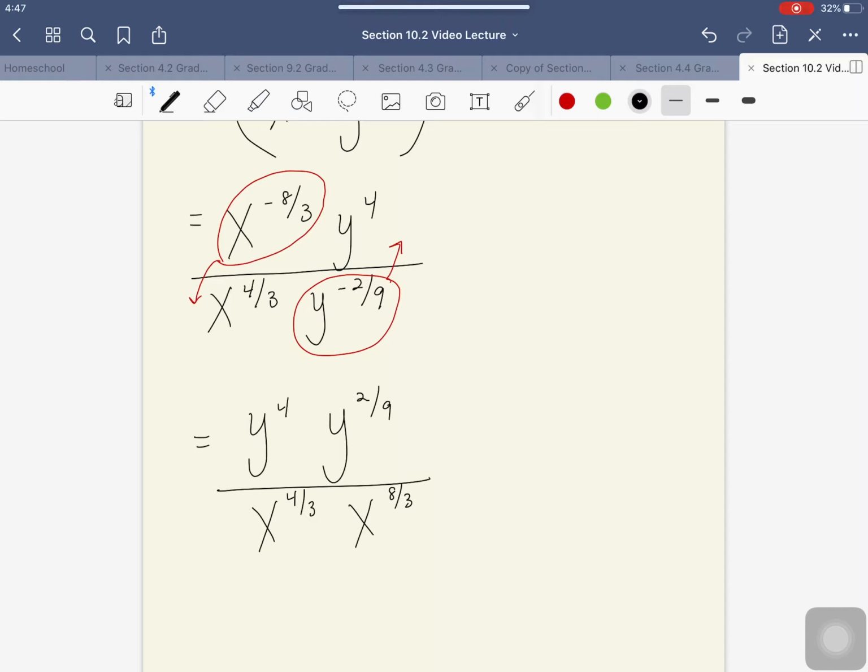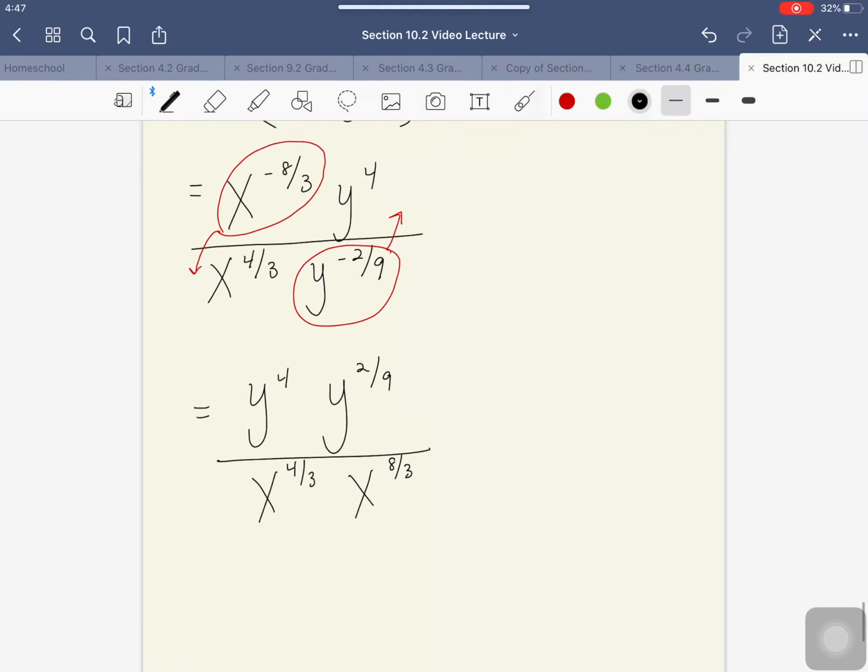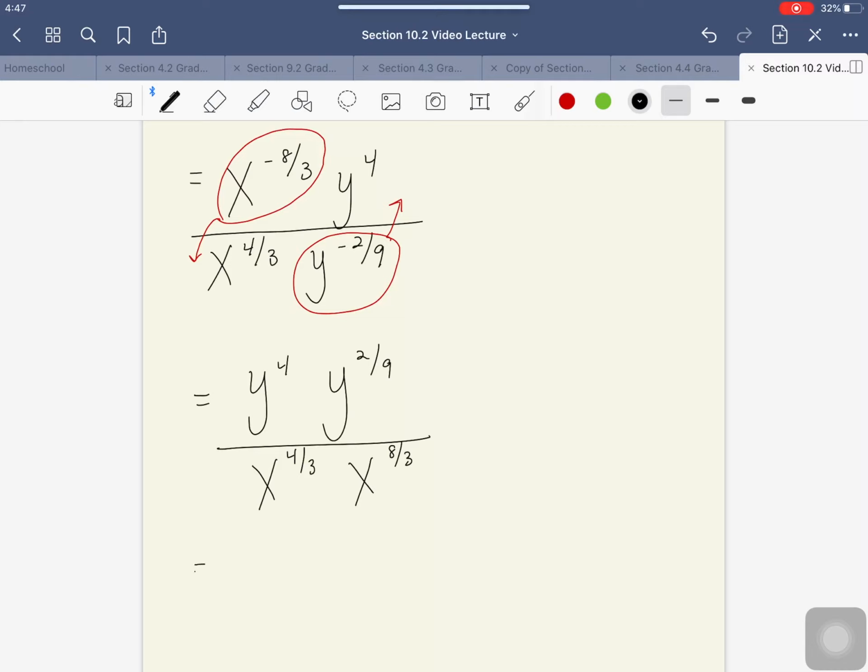All right, so looking here, this is the same as 4/1. LCD would be 9. So I would multiply both numerator and denominator by 9. So I'm just going to rewrite this as y to the 36/9, y to the 2/9, x to the 4/3, x to the 8/3.